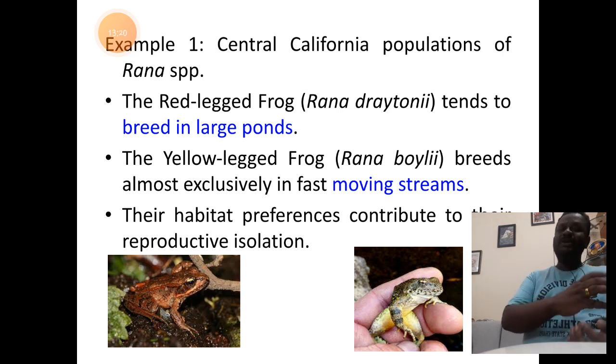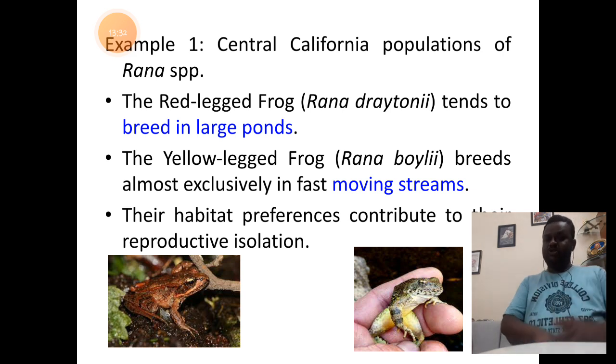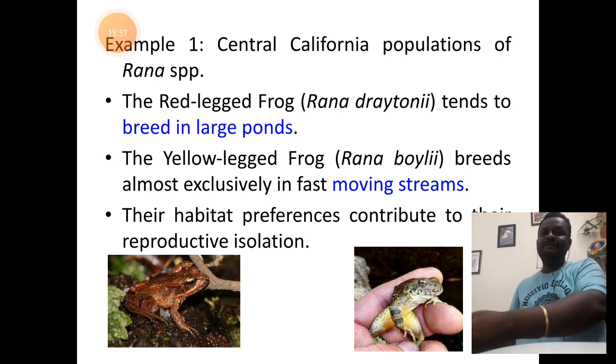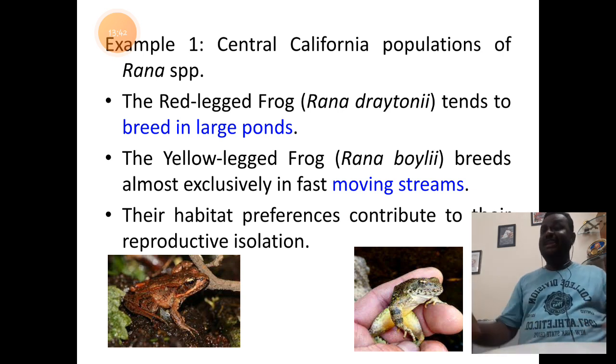There is one more species of Rana called yellow-legged frog or Rana boylii. This variety of yellow-legged frog lives in streams. In the same area, one variety lives in a pond, the other variety lives in a stream. So habitat is different. They never come together for the process of mating.